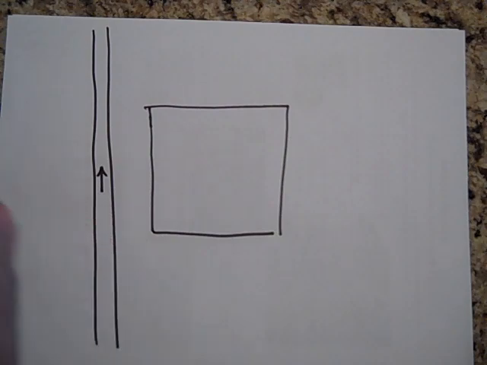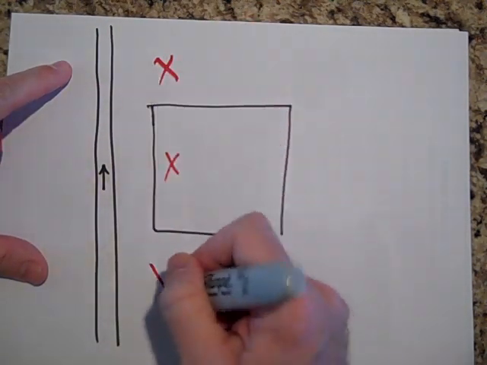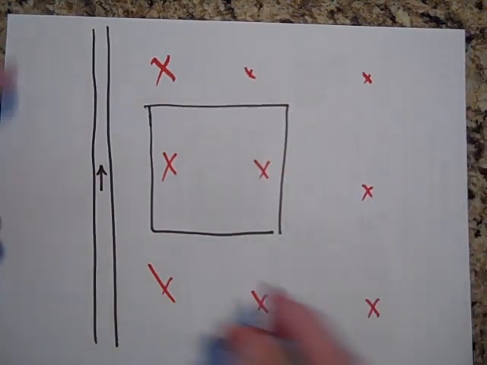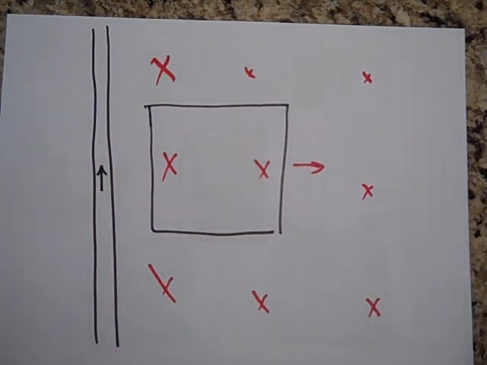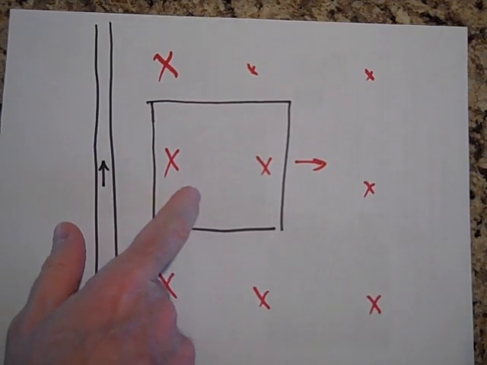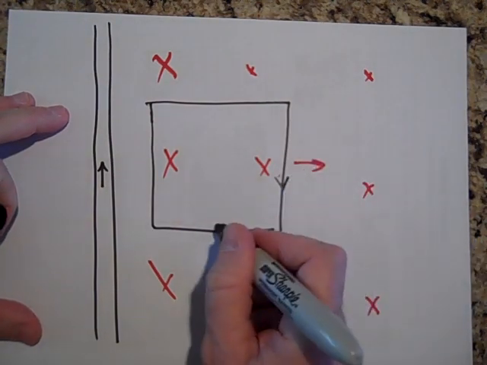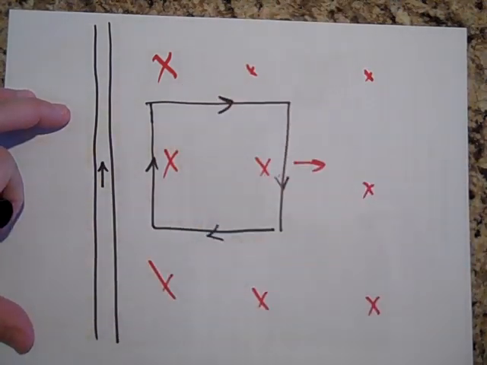There's X's here that die off, and if you move it to the right, it's dropping off X's, so it's going to try and make its own X's, so it's going to push a current this way. It's losing X's, and to make its own X's, it pushes it that way.